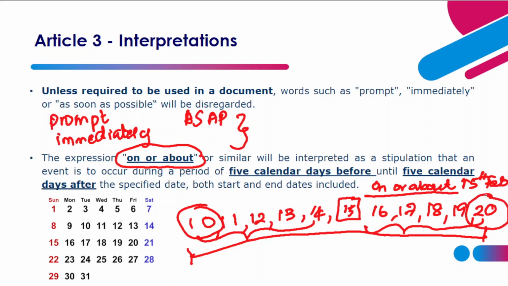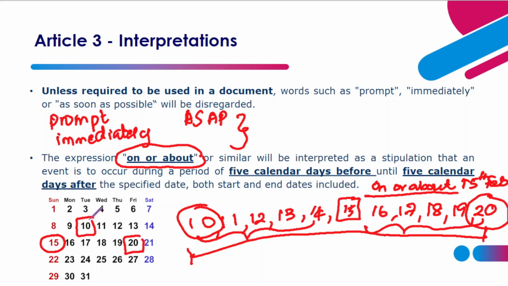For example, let's say it's mentioned that shipping needs to be done on or about 15th February. So 15th February is a Sunday. When you use the terms on or about, it means from the 10th until the 20th, shipping can be done.